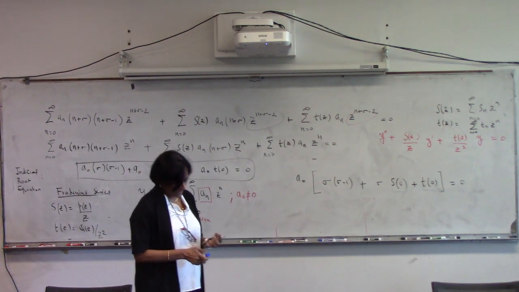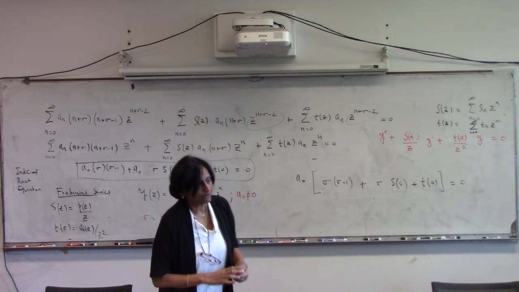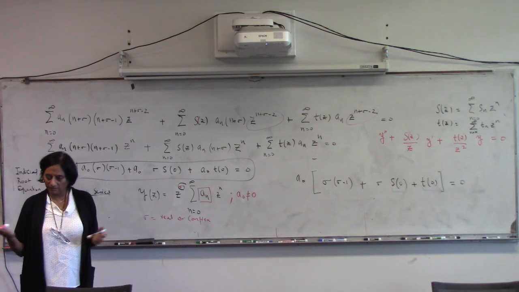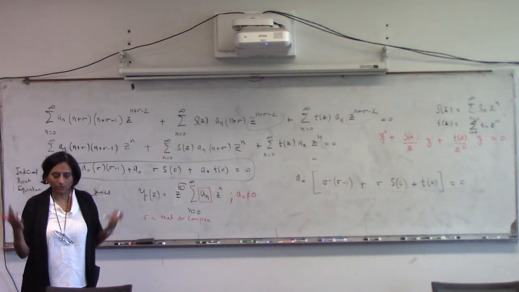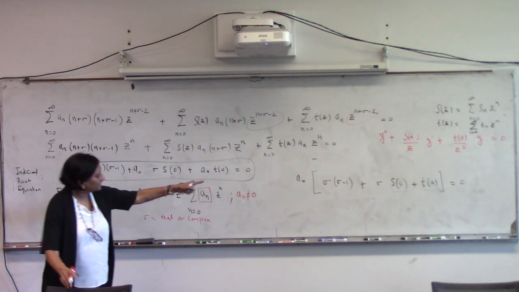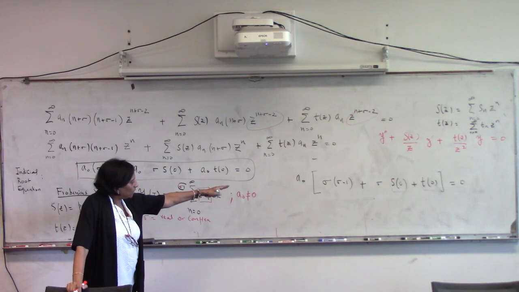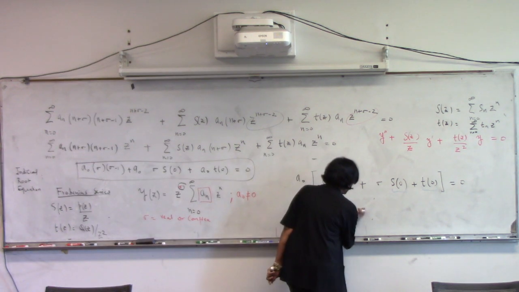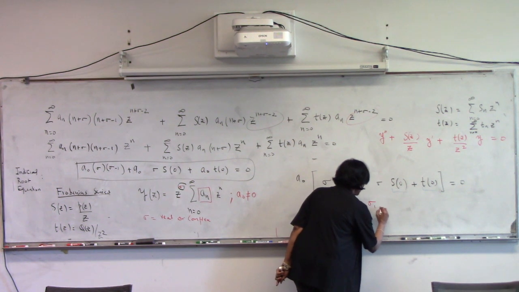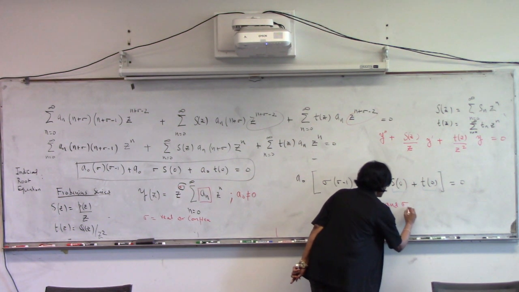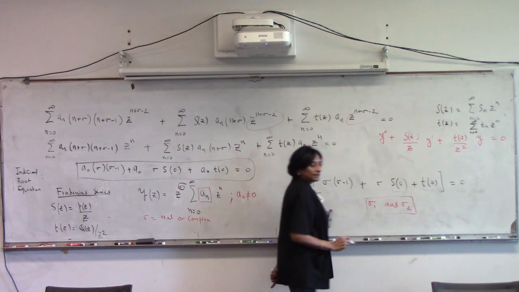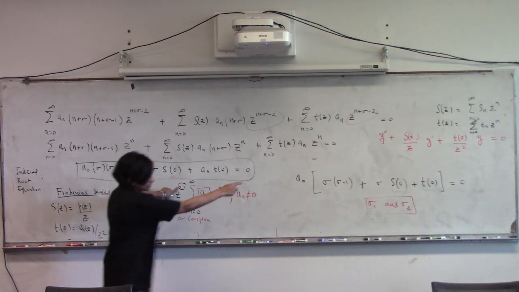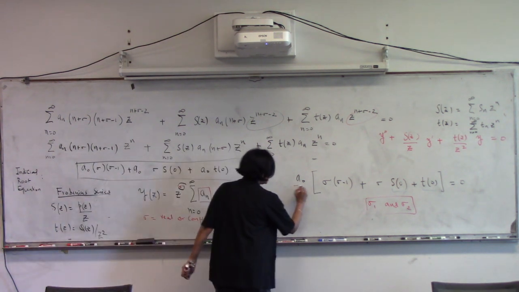So what I have done is given you a recipe for calculating sigma, the initial roots. This is a second order algebraic equation, so it will have two roots, because the leading term is sigma squared. If you solve this algebraic equation, you will have two solutions, sigma 1 and sigma 2. That's how you calculate the initial roots for your Frobenius series. You just solve that equation, with A0 not equal to 0.